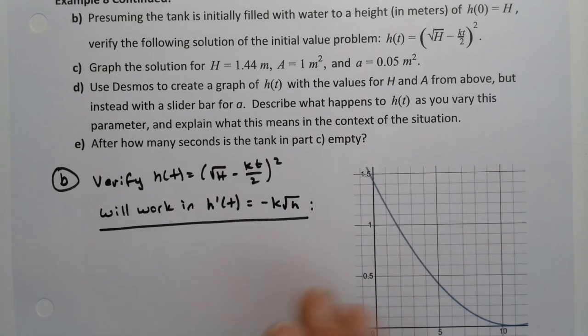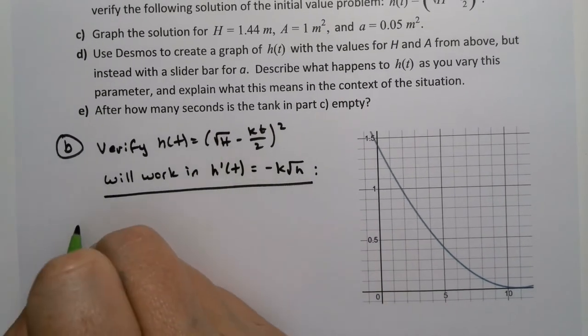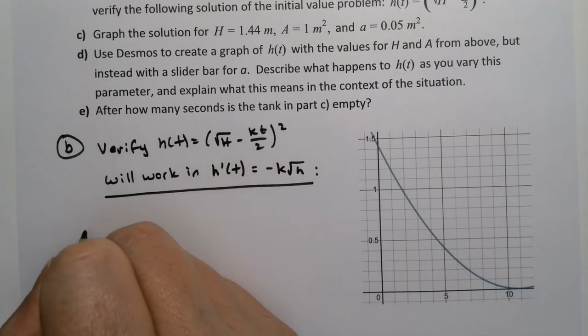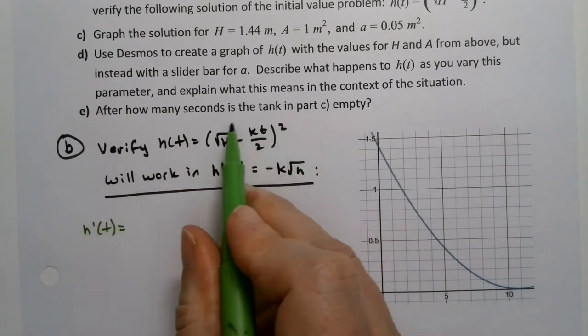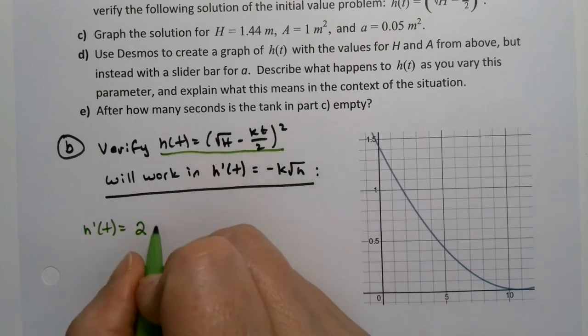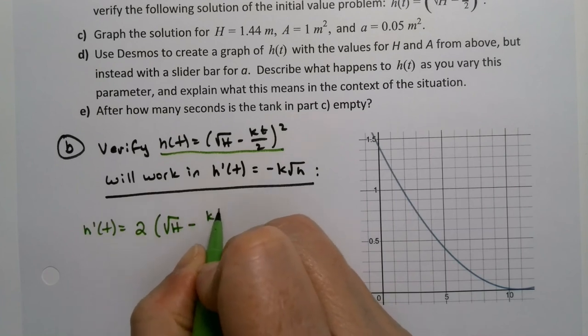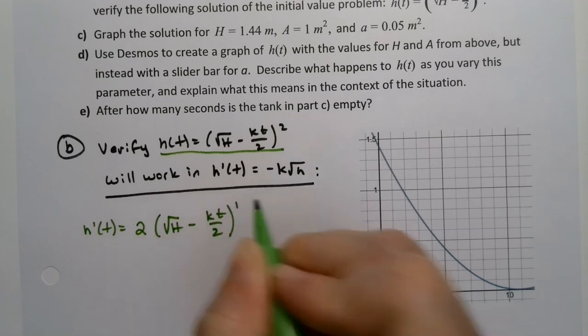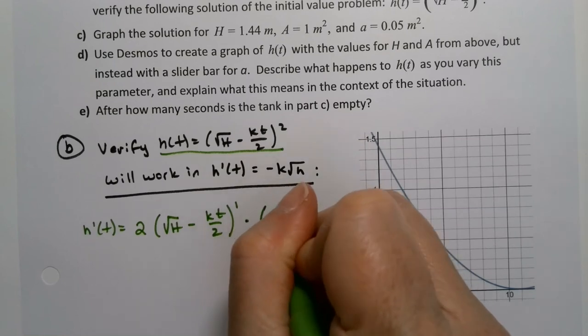We'll start off with h of t, and I want to find h prime of t. So h prime of t, in other words, I'm differentiating here. H prime of t would be equal to 2, so we bring the 2 down, and then square root of h minus kt over 2 to the 1 times the derivative of the inside part, which is negative k over 2.